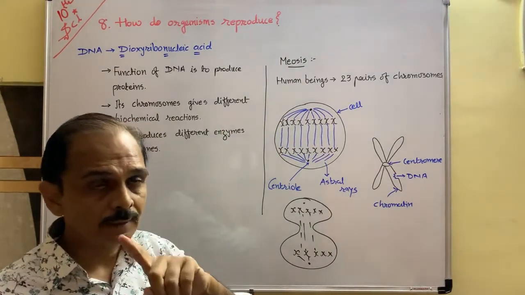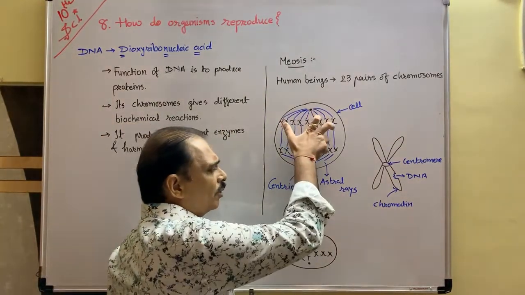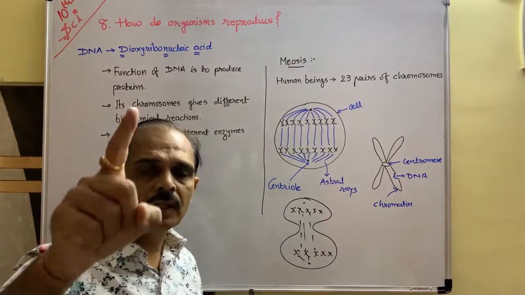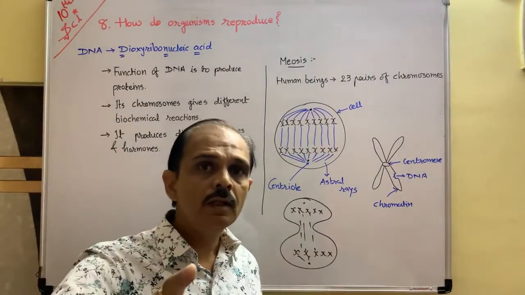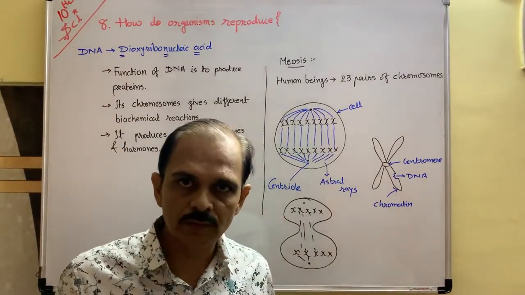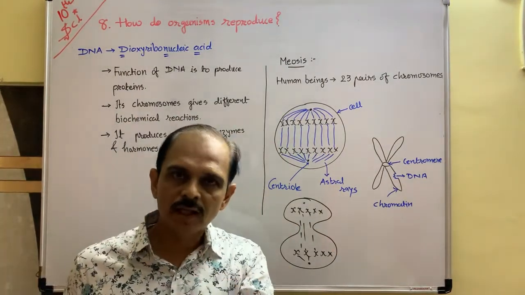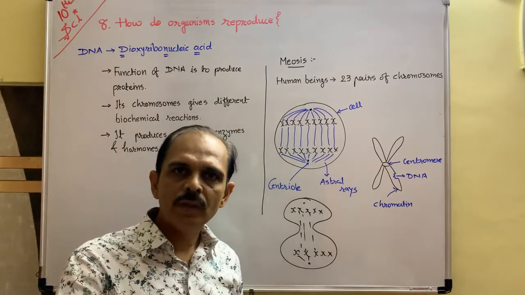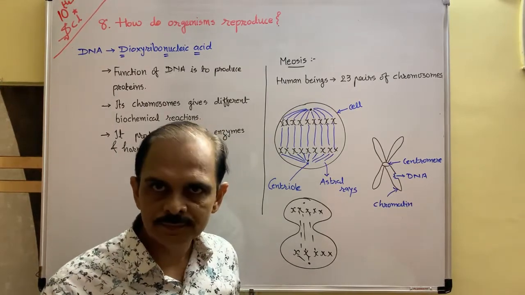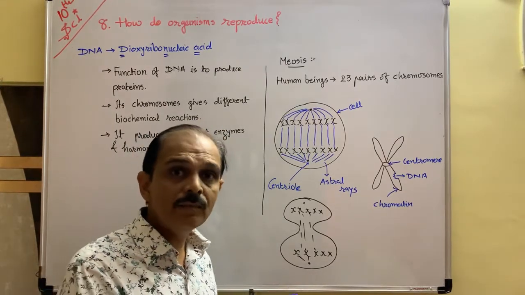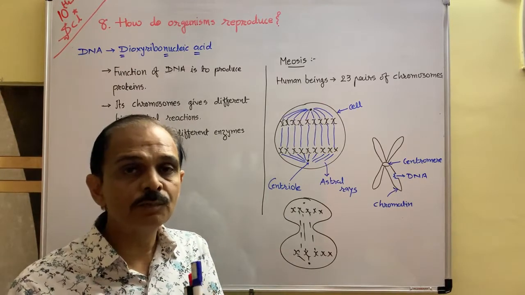So in this way, meiosis starts. When meiosis starts, 23 pairs of chromosomes from father and 23 pairs of chromosomes from mother, total 46 pairs of chromosomes are formed. But here they become half. If they become half, then proper copies can be made, okay, and the same individual is produced.